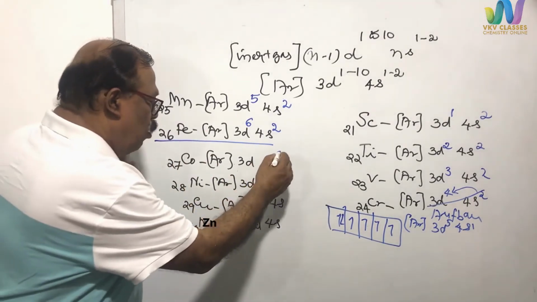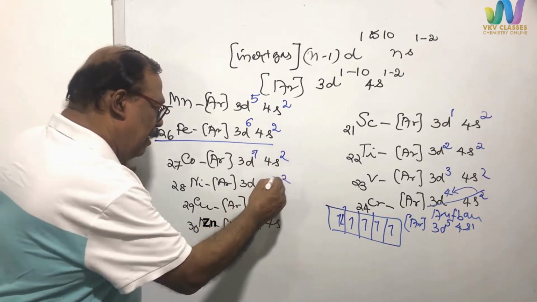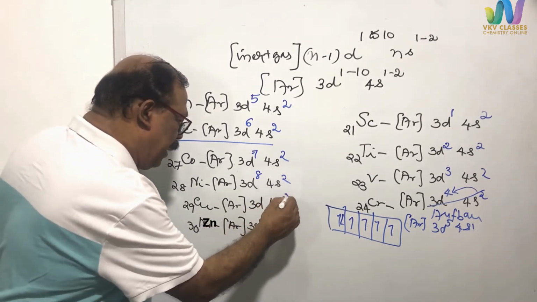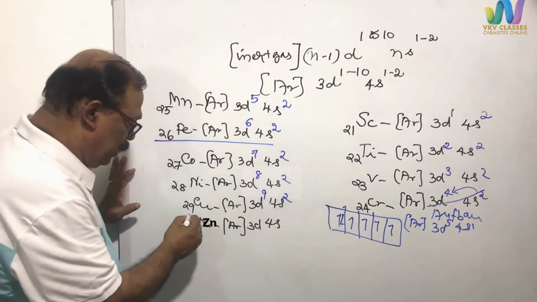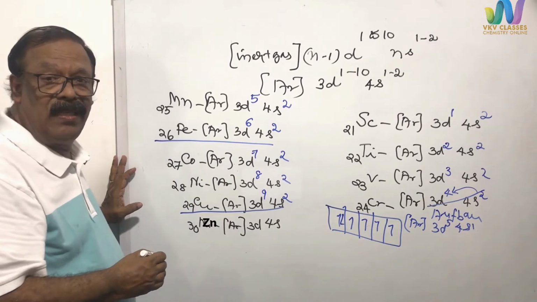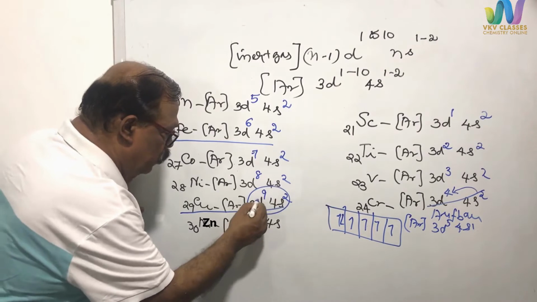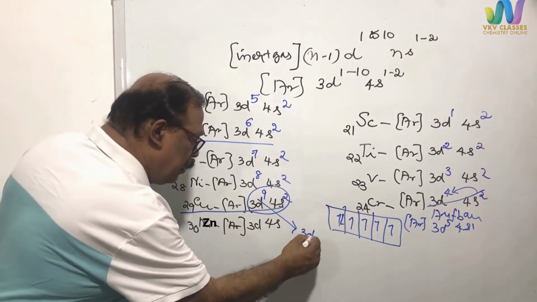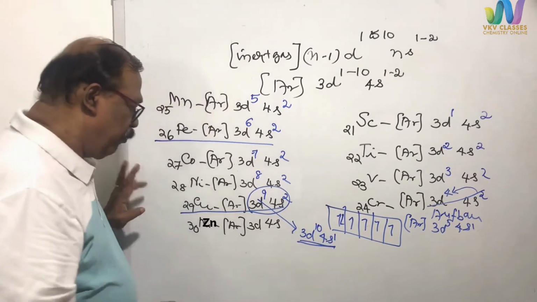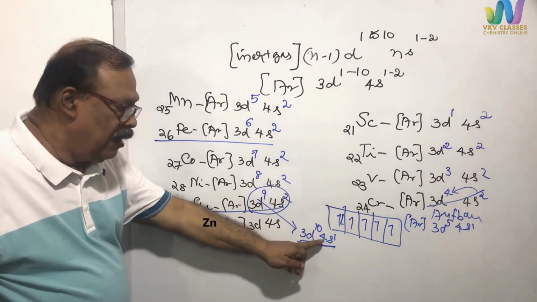So the properties also differ from iron onwards. Cobalt will have 3d7 4s2, nickel 3d8 4s2, copper should have 3d9 4s2, but again due to the stability of completely filled configuration, this 3d9 4s2 changes to 3d10 4s1. So the copper will have a configuration not 3d9 4s2 but 3d10 4s1.